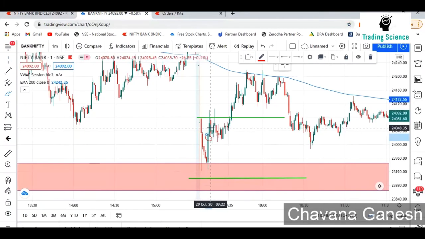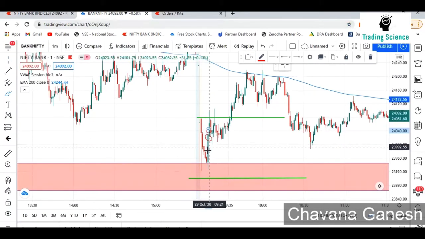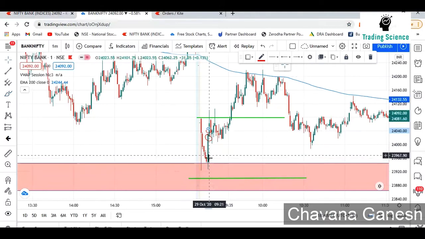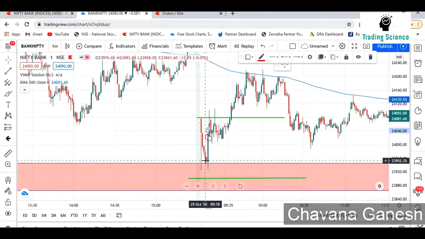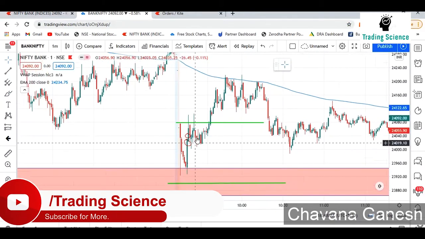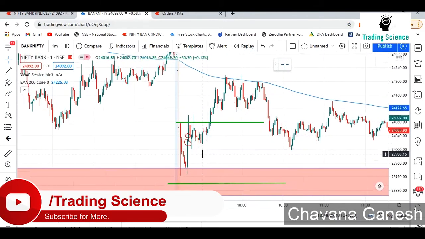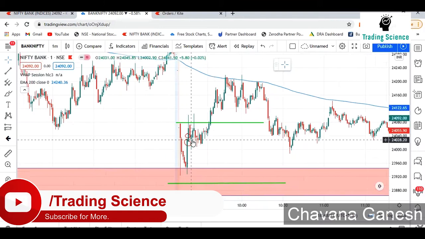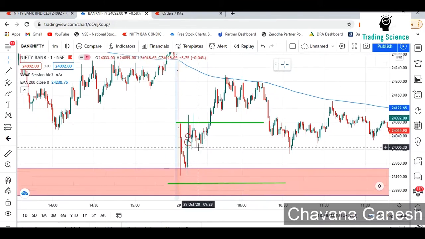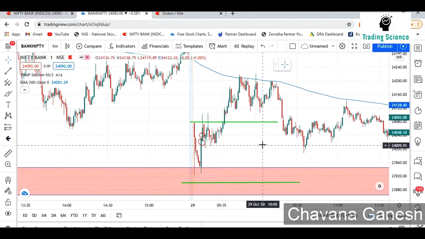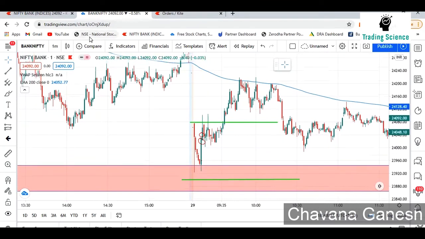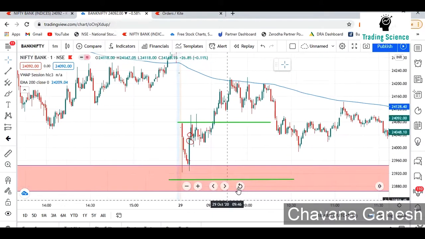You can see at this second candle, when I placed the order, it became volatile. See, the big move happened, and within seconds I was in a loss of more than 3,000.